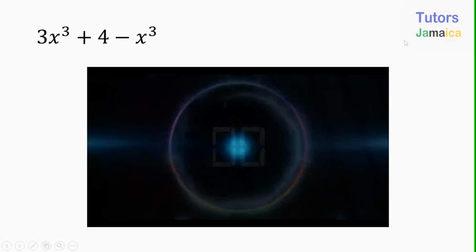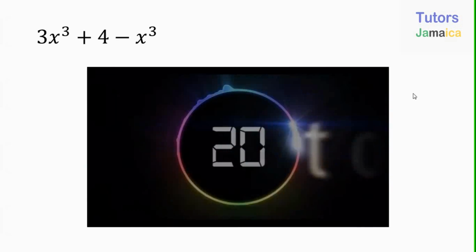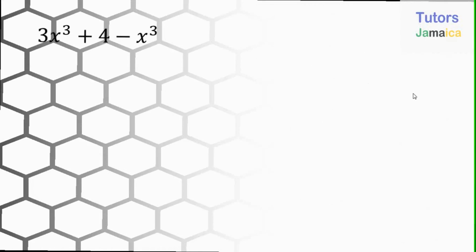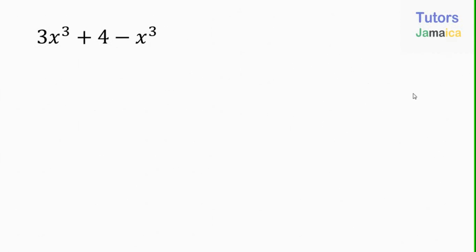Right, let's go ahead and look at this one now. Alright, so 3x cubed plus 4 minus 3 minus x cubed. So the first thing we want to do, as before, is to group like terms.